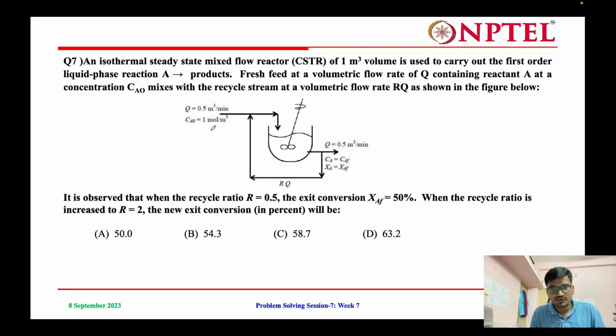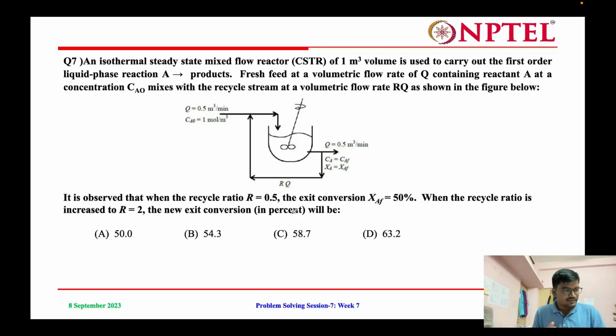So here is the initial concentration, final concentration and flow rate given. It is observed that when the recycle ratio is R equal to 0.5, the exit conversion XAF is equal to 50%. When the recycle ratio is increased to R equal to 2, the new exit conversion in percent will be?